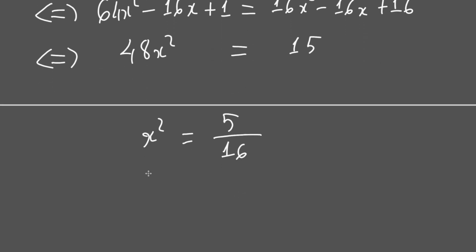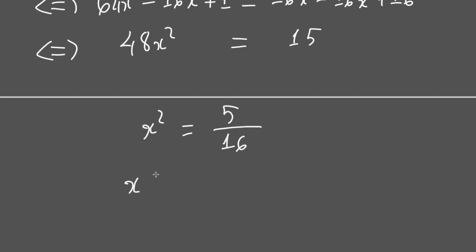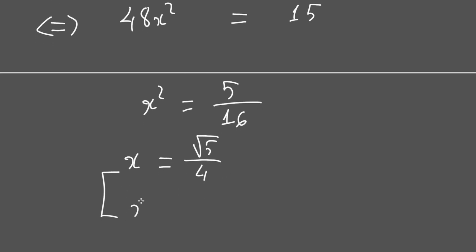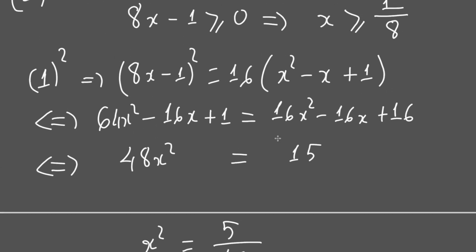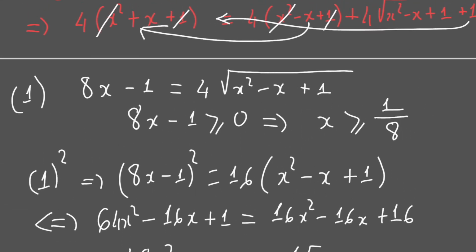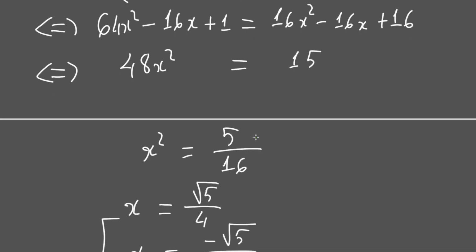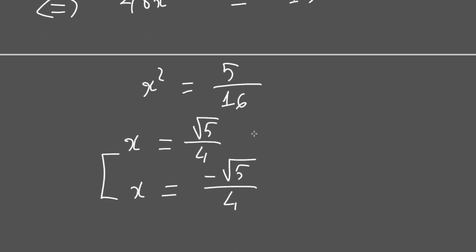So then you have x equal to square root of 5 over 4, or x equal to negative square root of 5 over 4. However, to satisfy the condition, only one value can be accepted here.